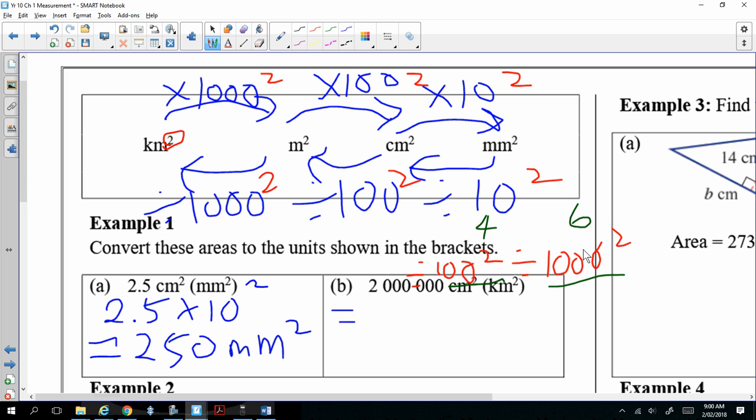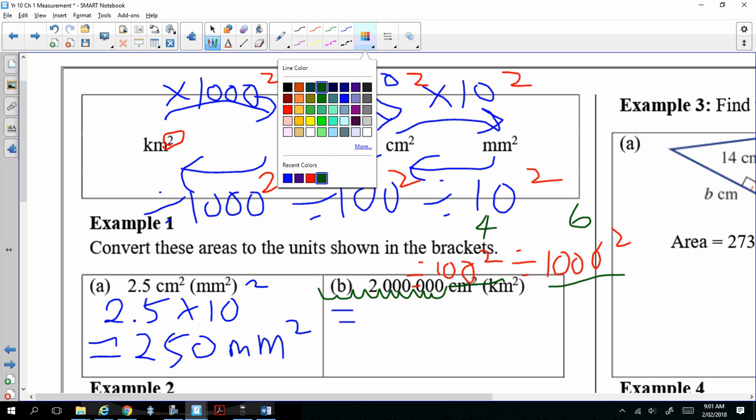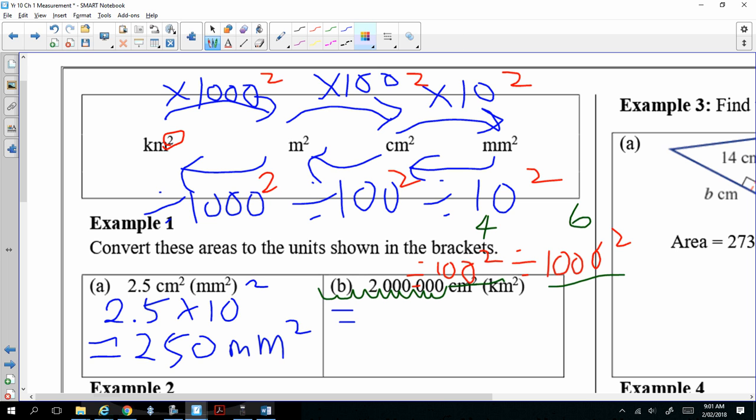You have to go back. So 1, 2, 3, 4, 5, 6, 7, 8, 9, 10. So that means there are 1, 2, 3 zeros in front of 2, and then with a dot in front, and then another 0 in front of the dot.